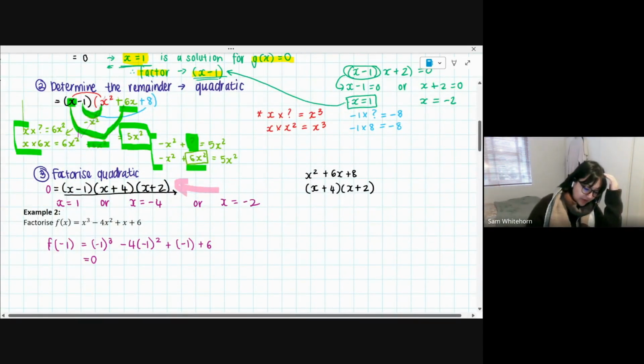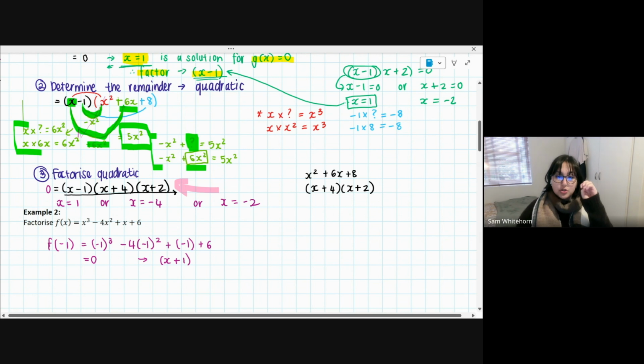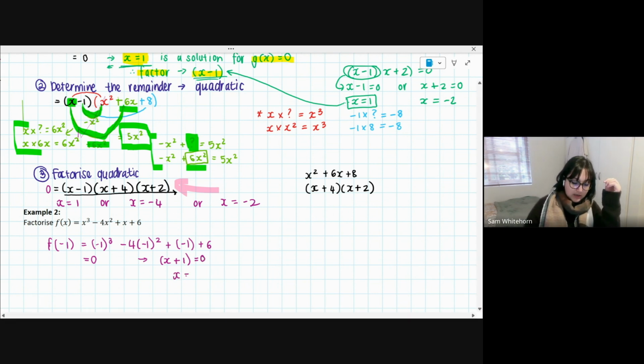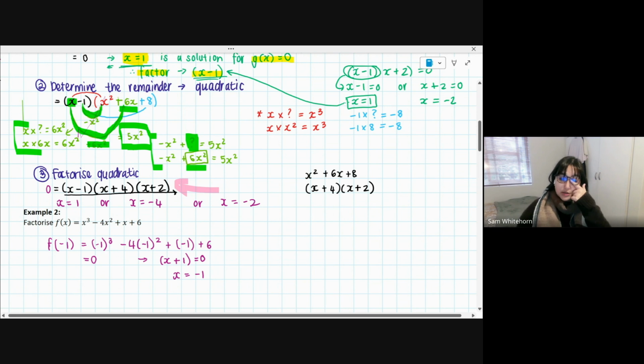And so what you've now found is that one of your factors is x plus 1. Remember, even though the solution is x equals -1, your factor is x plus 1. You need to change the sign so that if you were to solve that equation, you would get the correct x value that makes this expression equal to 0.